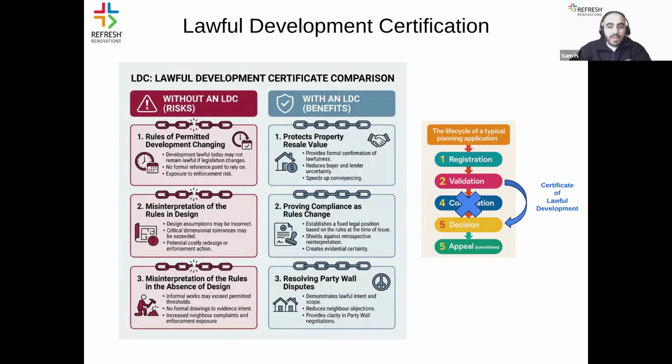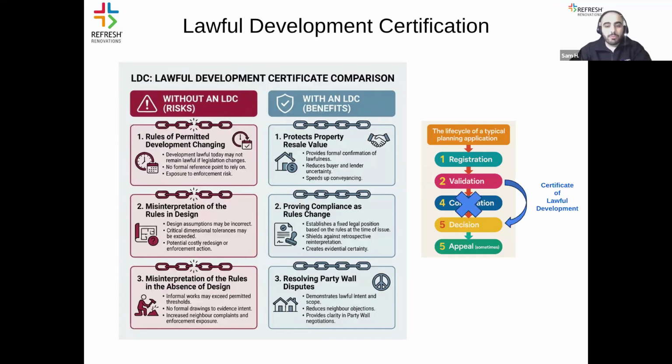Therefore, there are real benefits that come with securing that certificate, such as proving to future buyers through this documentation and their keen-eyed solicitors that everything was carried out well above board, and that in itself deprives them of a negotiation point or a reason to walk away from the purchase. In a case whereby the rules do change over time, it proves compliance at the time of issue and prevents council enforcement.